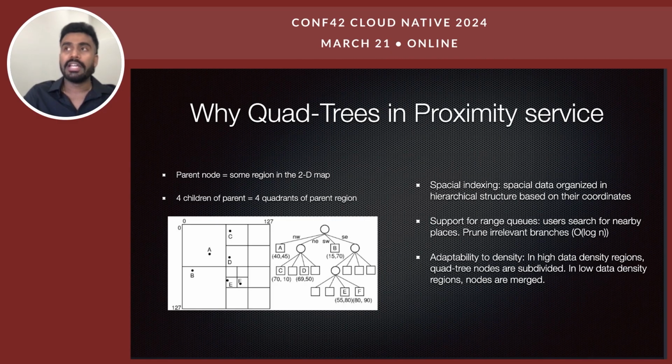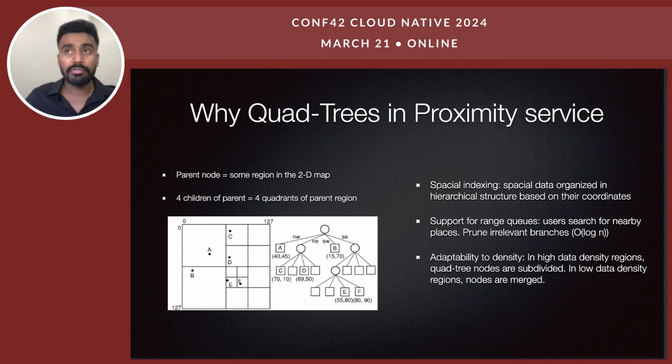So if a user just looks superficially, zooming onto a 2D map at a very high level, like a country level, you're not going to see too many details, right? But if you drill down all the way to certain pinpoint locations, then that's when the tree gets more dense in that particular node, like southeast in this example, and you look into the details of it, and you can get as dense as you can.